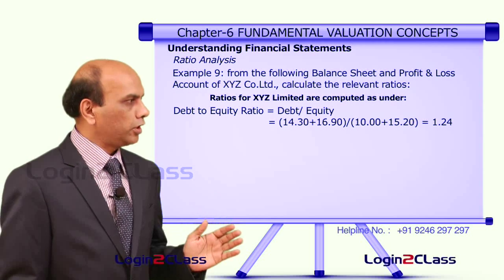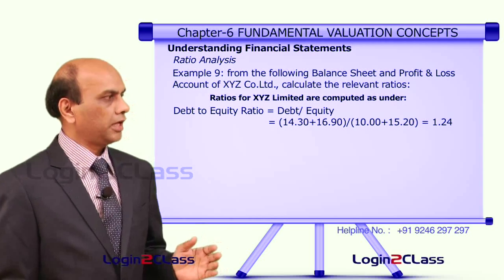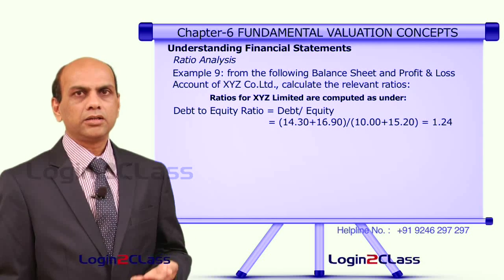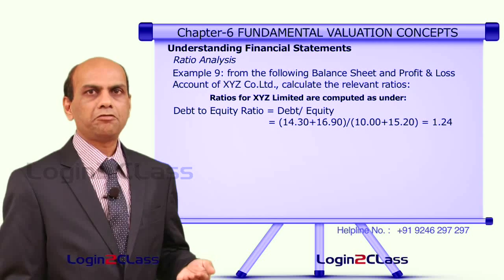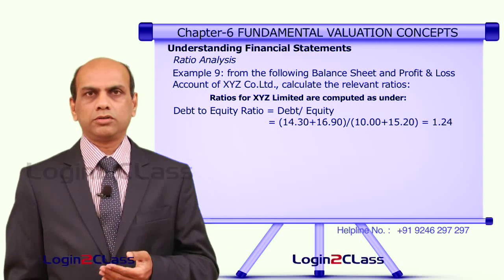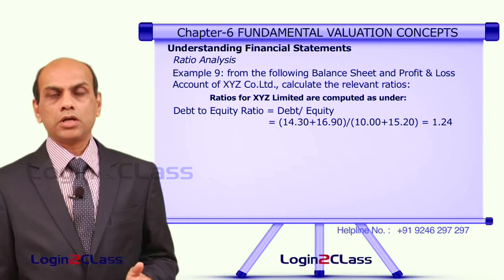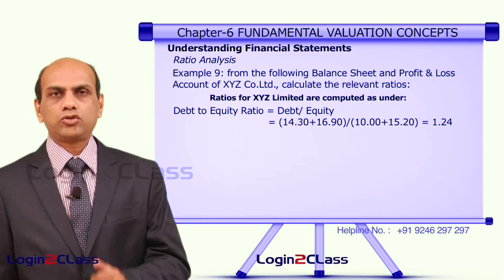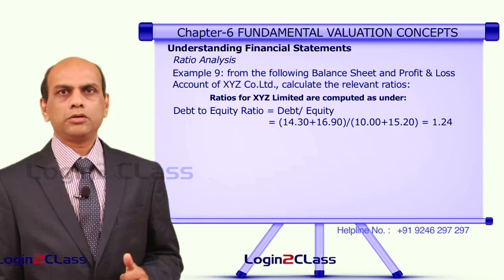So 14.3 plus 16.9 gives the total debt of the company, divided by the equity capital of 25.2, which works out to 1.24. That means the company has debt of 1.24 times the actual equity, which is a reasonable, good debt equity ratio.